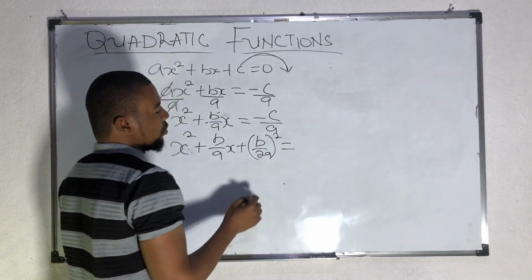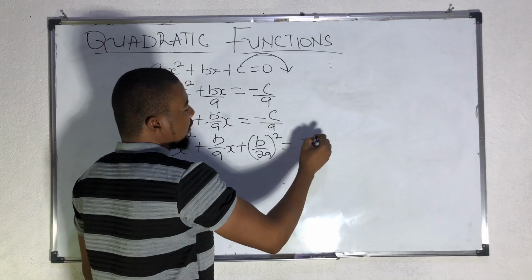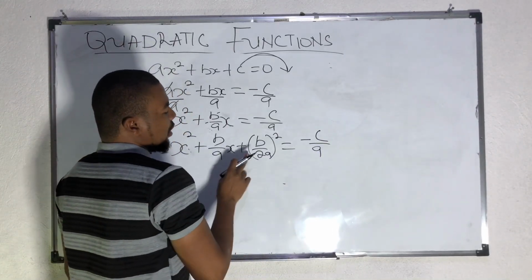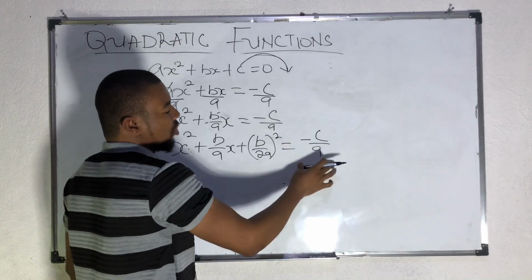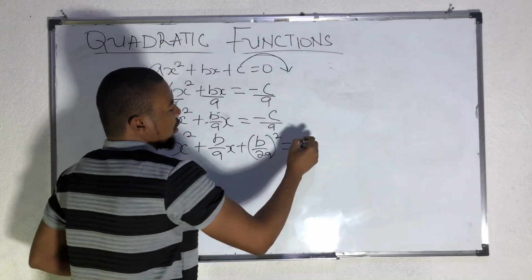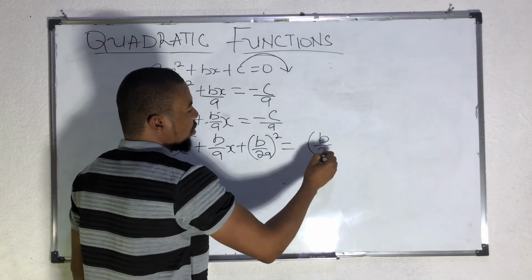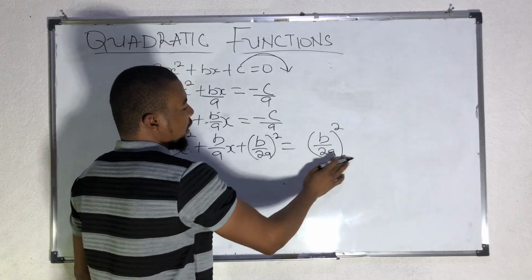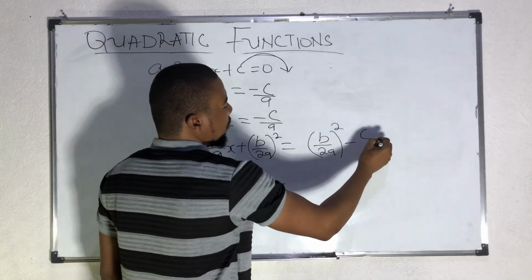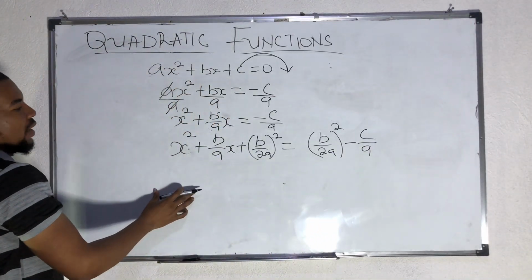This is equal to negative c over a, or we can decide to first write the square term before we pick the c over a. It's also the same thing. Let me write this one first. We now have b over 2a, all squared, minus, remember this one has to be there, minus c over a.